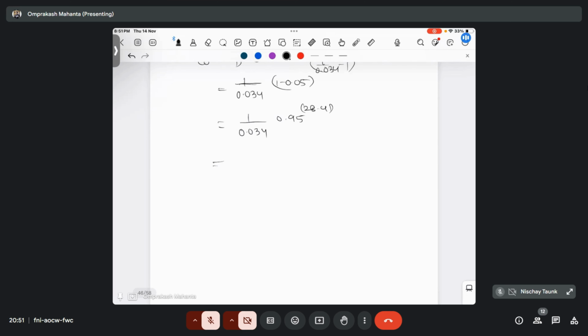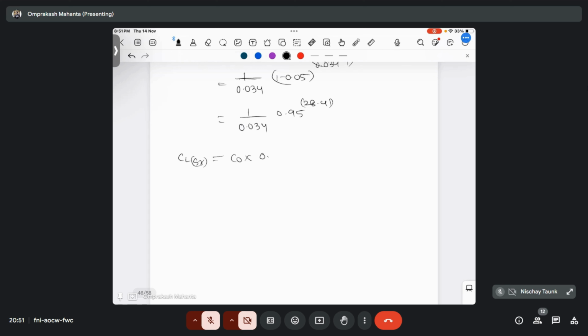So Cl Sr will be C0 into 0.2329 divided by 0.034. So 10 into 6.850. So Cl Sr will come around 68.50 ppm.